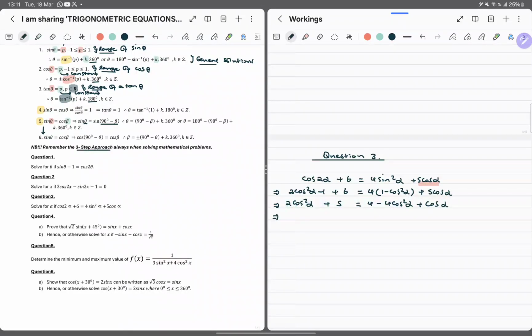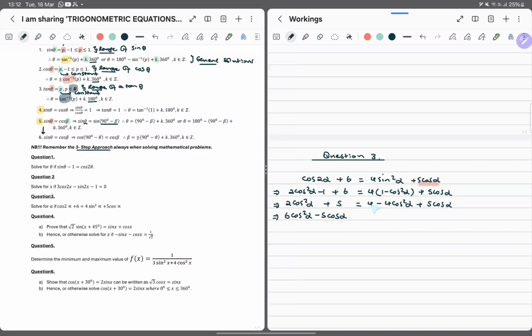Now we bring everything to the right hand side. This is going to be plus, so we get 6 cos squared alpha. Then this one becomes minus, oops, I forgot to write this properly. So this is 5 cos alpha, so this is also going to be minus 5 cos alpha.